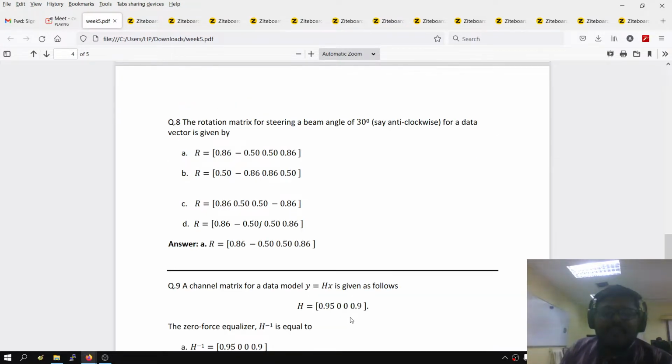So the next question is question number 9. It is given that a data model is y equals hx, and we have to derive what the zero forcing equalizer h inverse is here.